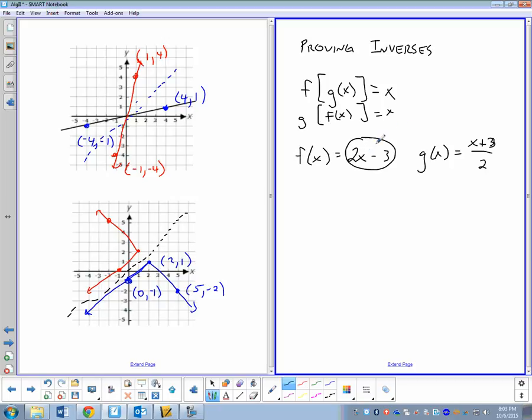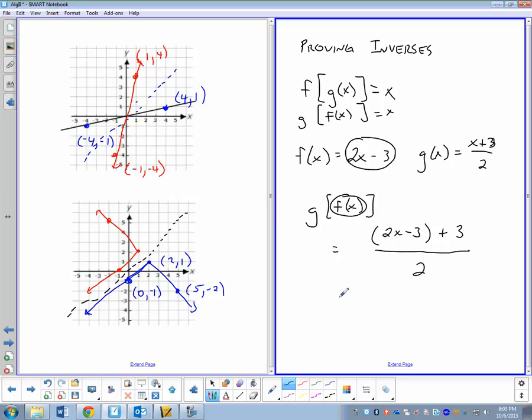So I'm going to take this and plug it into this function. So I'm going to do g of f of x, which means I'm going to take my g function, which is (x plus 3) over 2. That's my g function. And what am I going to plug in for x in my g function? F of x, which means in place of this x, I'm going to put 2x minus 3.